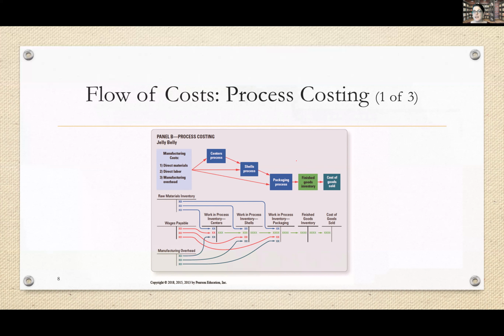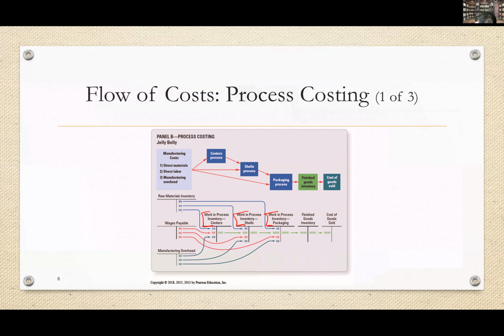Okay, so direct materials, direct labor, and manufacturing overhead are assigned to each processing department's work in process inventory account based on the manufacturing cost incurred by that process. All right, so it's not by job, but by the process. So we can see here that we have our work in process inventory centers, shells, and packaging.